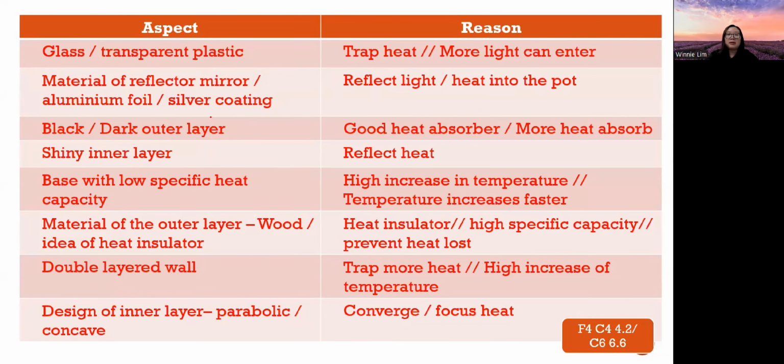Now, black outer layer is a good absorber of heat, so more heat is absorbed. The base should be made of a material of low specific heat capacity, so the temperature increases faster. The material of the outer layer should be wood because wood has high specific heat capacity and prevents heat loss. Double layer wall, their purpose is also to trap more heat and give a high increase of temperature. And lastly, you can also put a parabolic shape reflector in the inner layer.